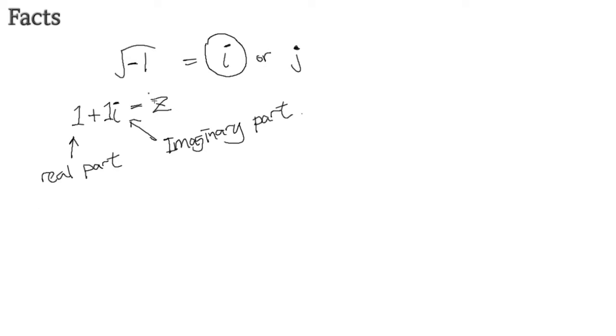Given that we now know that complex numbers are just a mixture of real and imaginary parts, we can state different complex numbers. One of the numbers that you must know, which is in your course specifically, is that the number 0 is equal to 0 plus 0i.